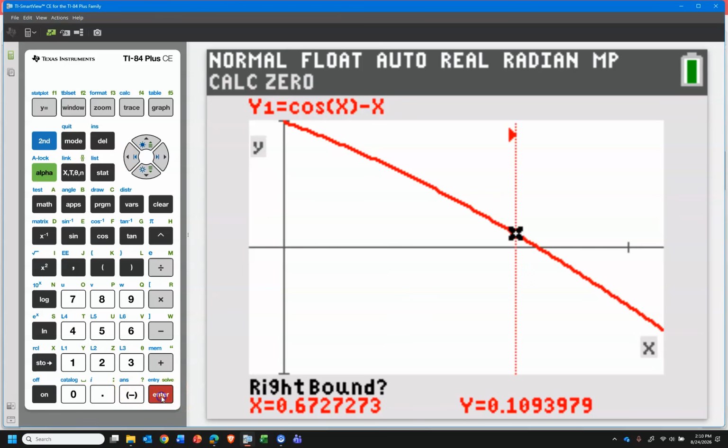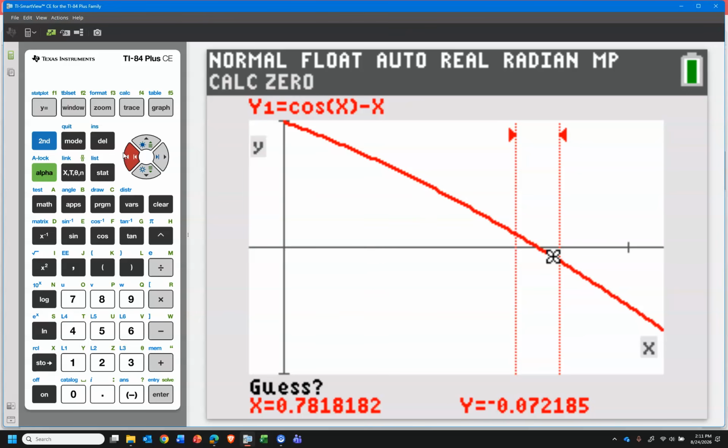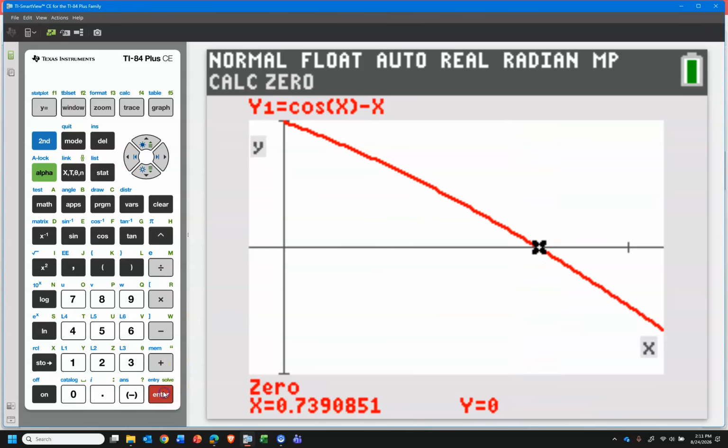And then I'll press enter. Right bound, get that to the right of where we're looking for. Press enter. And now notice you have these 2 little arrows. The 83s will too. Like, hey, I'm only looking between here. And it's asking for a guess, like a starting value. And so you press enter, and we'll write down 0.7390851. Okay, hope that helps.